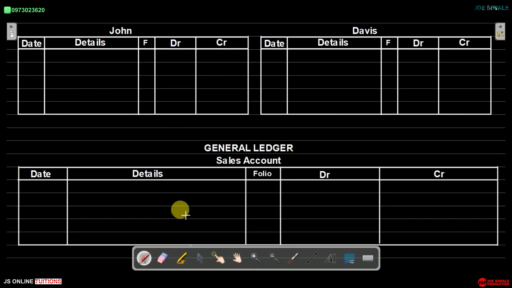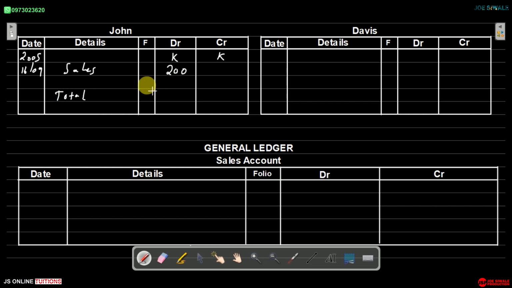So we're going to say the year 2005, say kwacha there. Then the date is 16th of September. We'll say sales. Then we're going to debit the account for John with 200 kwacha.